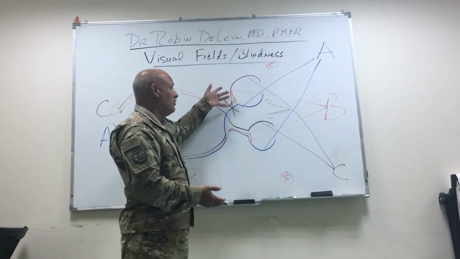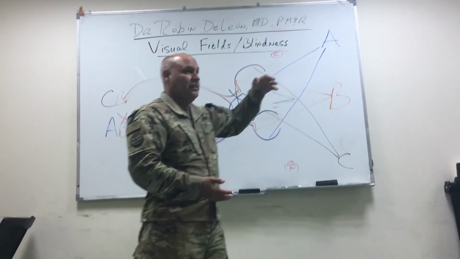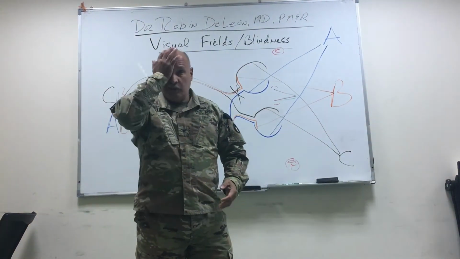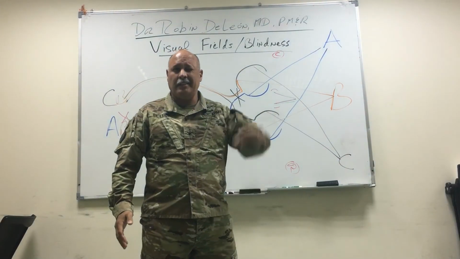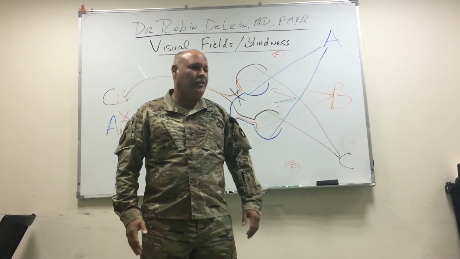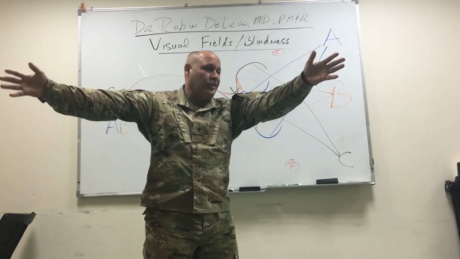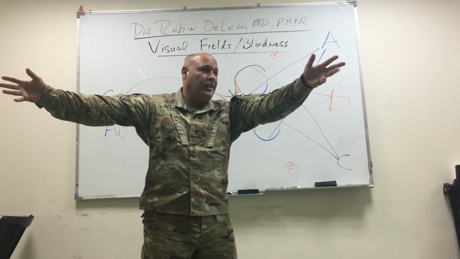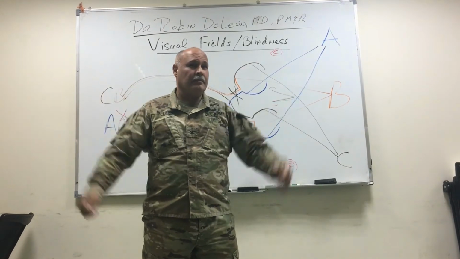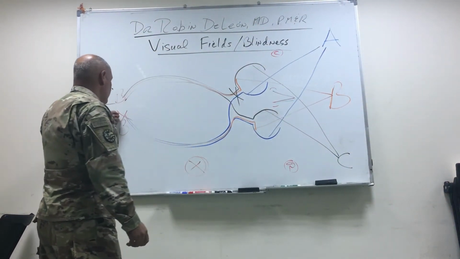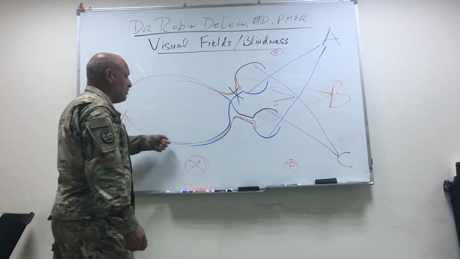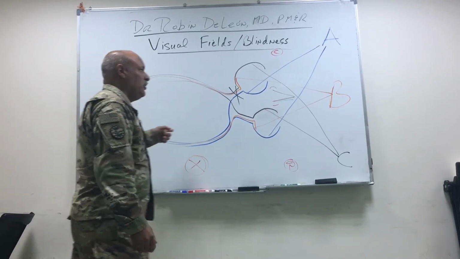So you have one person who's blind in one eye. They close this eye, can't see anything over there. Open the eye, the nose gets in the way, they can't see here, turn their head. Oh, now I see over there, got 135 degrees of visual field. I can drive, I can do whatever. You've got the person with the stroke on the occipital or along the radiations, and they lose visual fields.